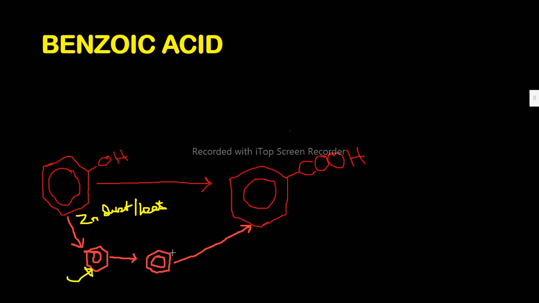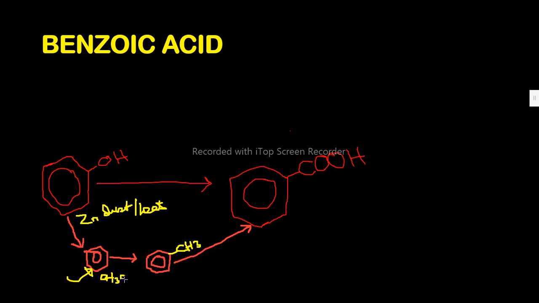And then we have a methyl group, and here we shall add a methyl group. How? Use any halogen, maybe bromomethane or chloromethane, any.